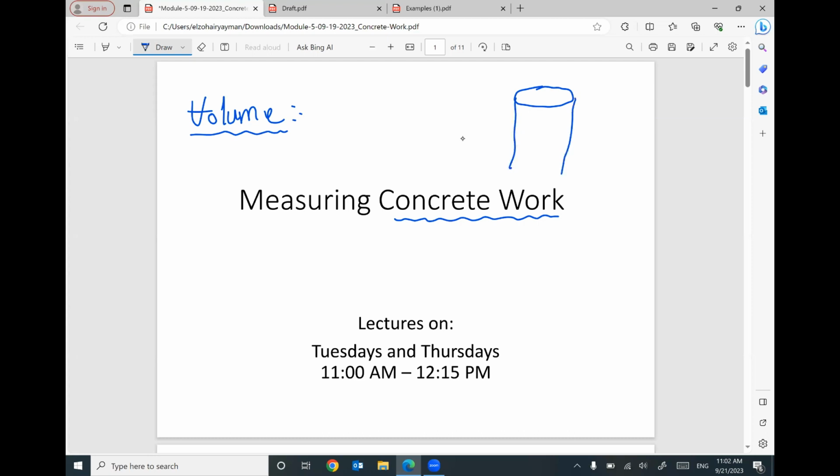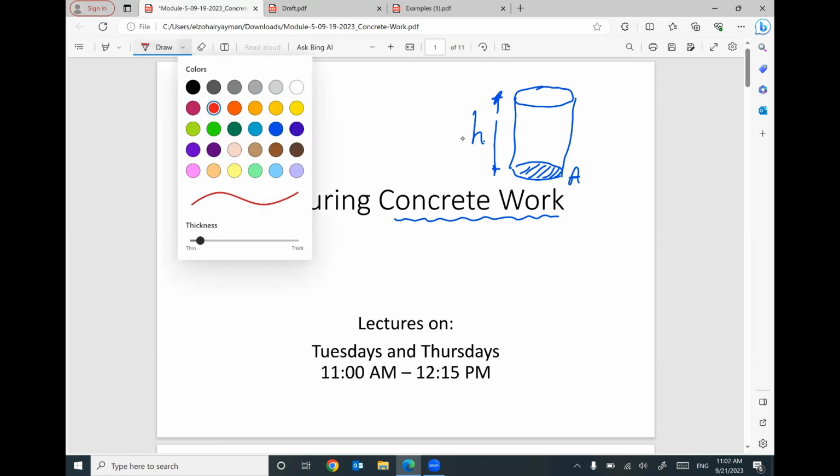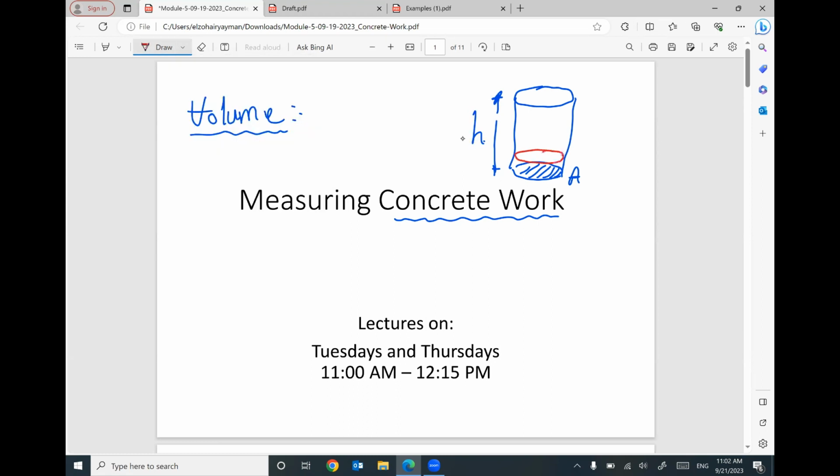The volume of this cylinder equals the area of this cross section times this height, where your cross section is constant. If you calculate the area of the cross section times the height, you can get the volume of this cylinder. The same concept applies for everything.